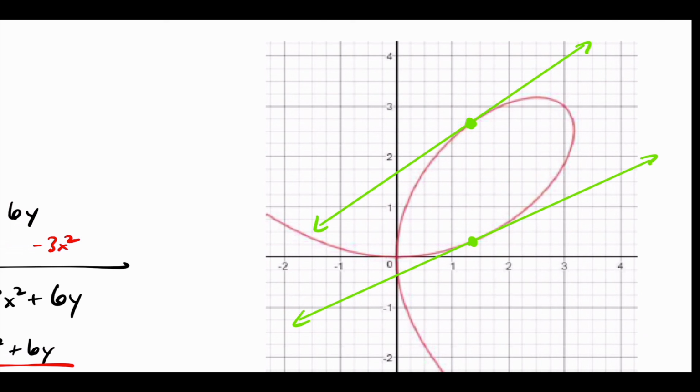Normal would look like this. They would cross through the green line at the dot, at one spot, but it wouldn't be tangent. It would be perpendicular to it. That's what a normal line is.